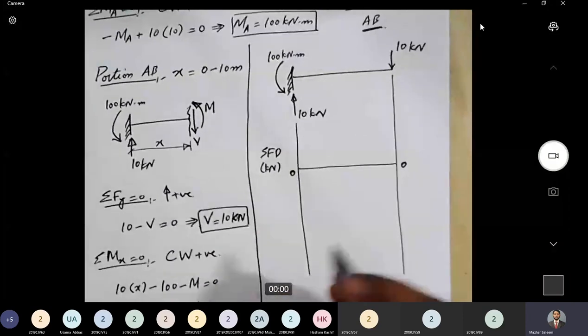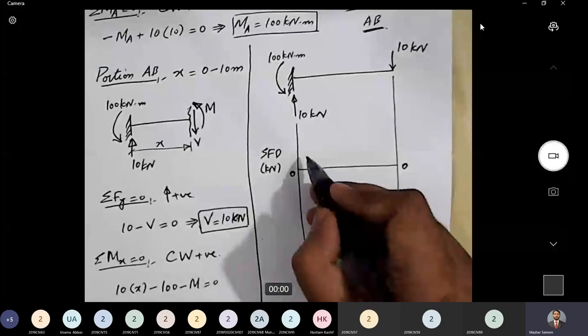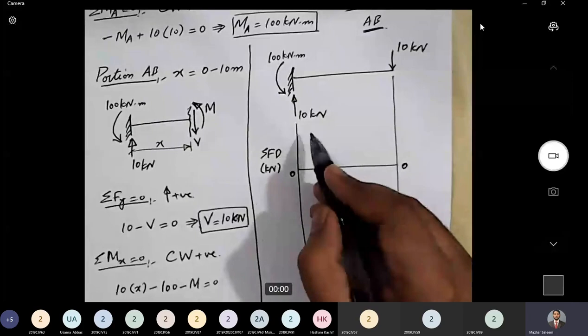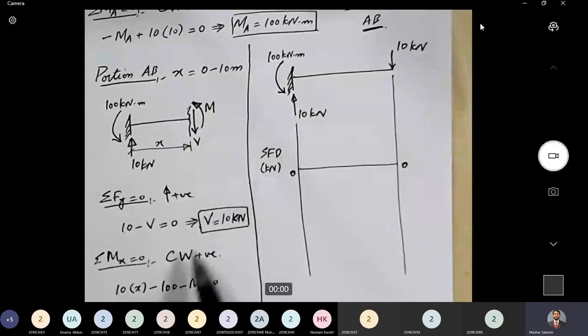It's constant, it's positive. So 10 here, 10 here, and the entire shear force diagram is positive. So the entire shear is positive in this case, and its magnitude is equal to 10 kilonewton. That completes the shear force diagram.